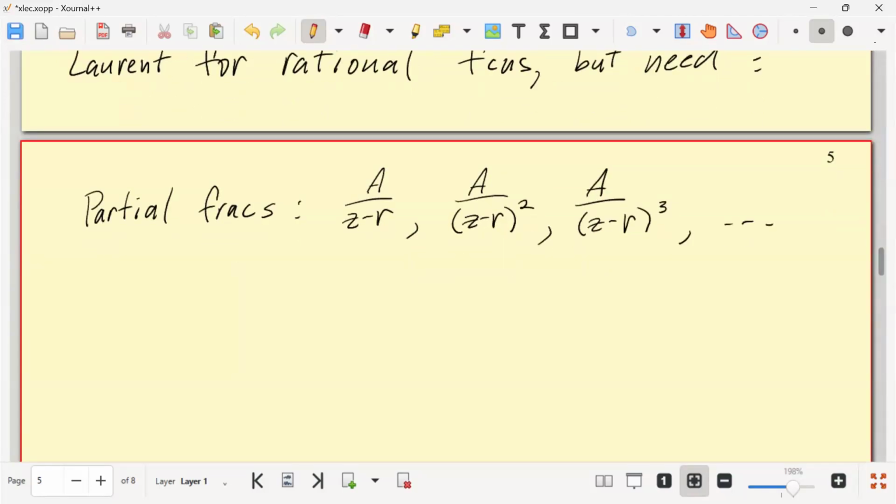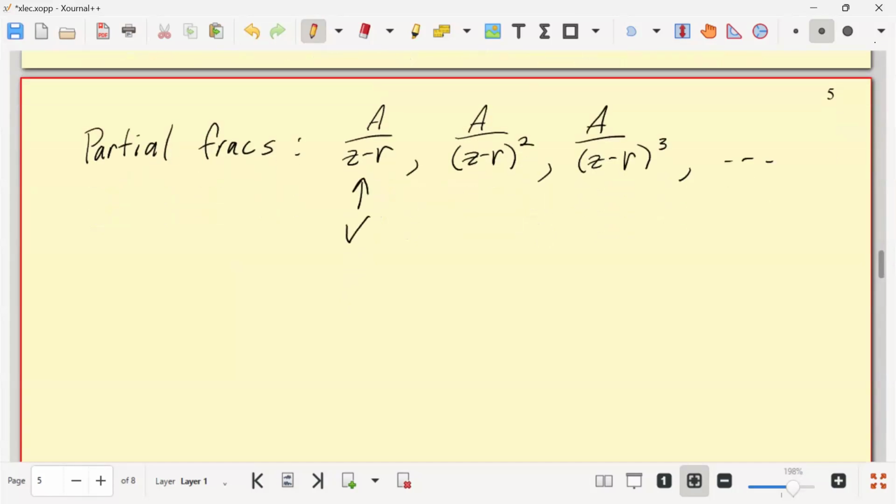And so I showed you how to deal with this one. Check, we know how to do that. But how would I deal with the second one if I was going to try to find its Laurent expansion? Well, let's see, here's the key. We know that 1 over 1 minus z is equal to 1 plus z plus z squared plus blah, blah, blah, when the modulus of z is less than 1.